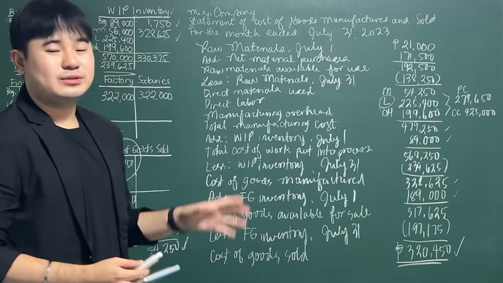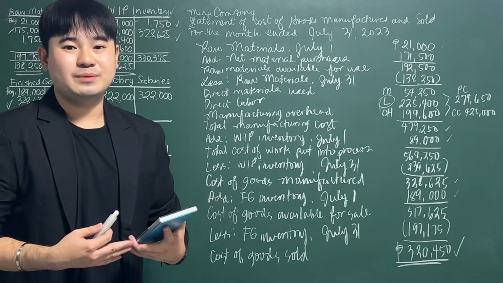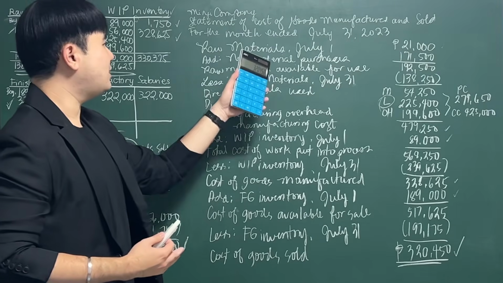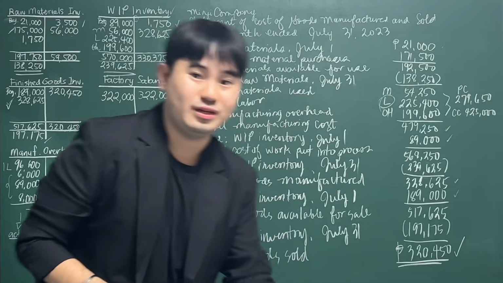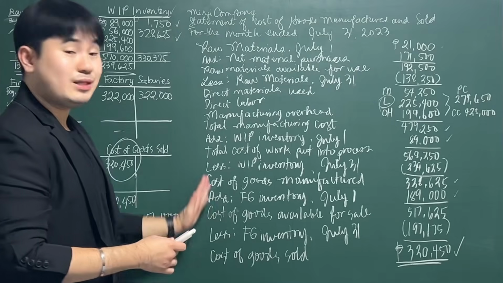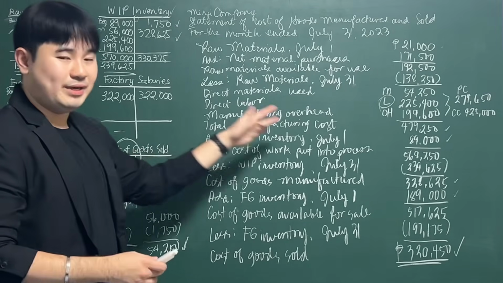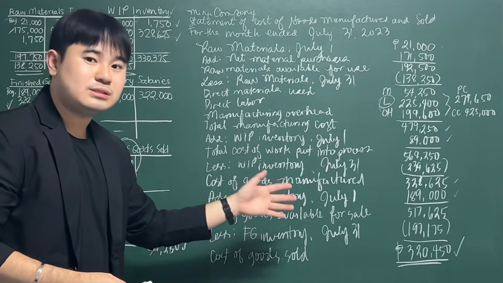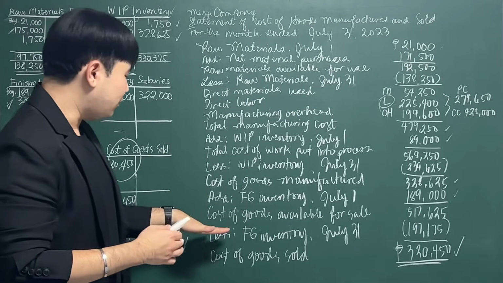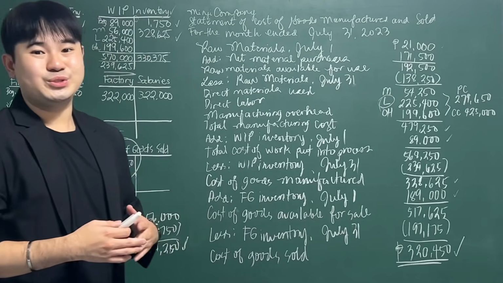Okay? Now, the secret in answering problems in cost accounting relating to the statement of cost of goods manufactured and sold is basically knowing the whole statement by heart. What happens when you add the beginning balance of your work in process? What happens when you deduct the ending balance of your finished goods?